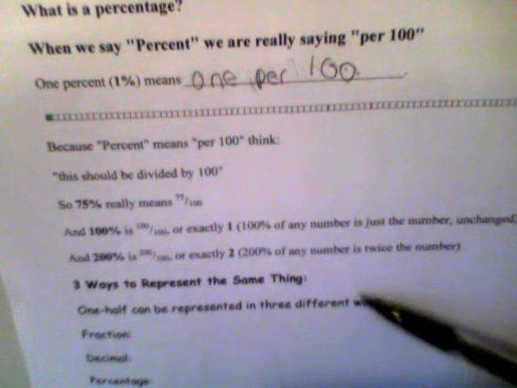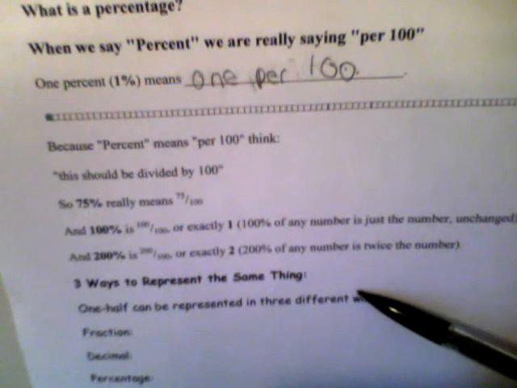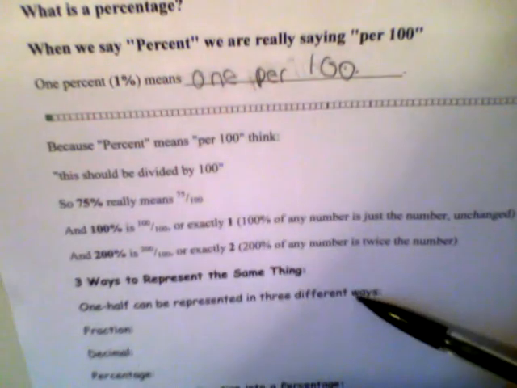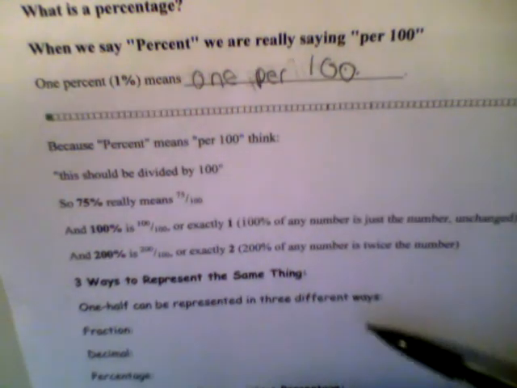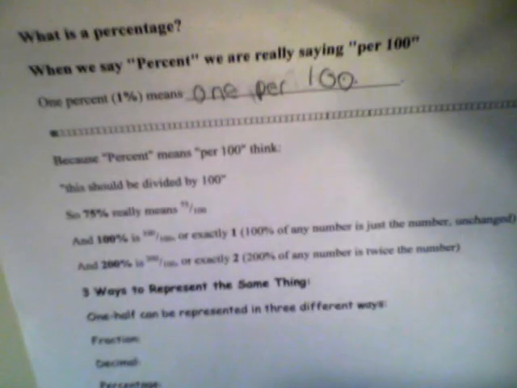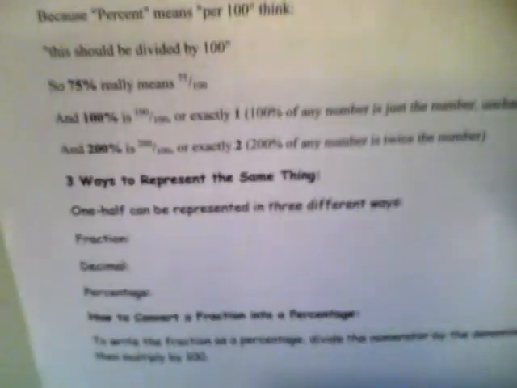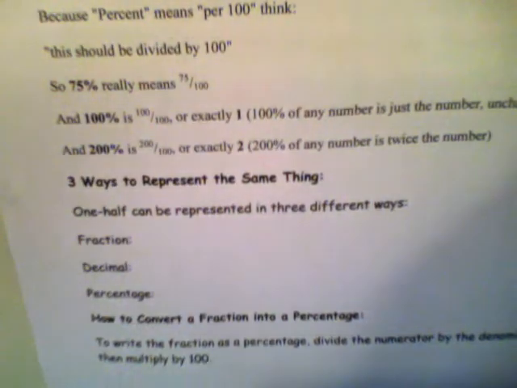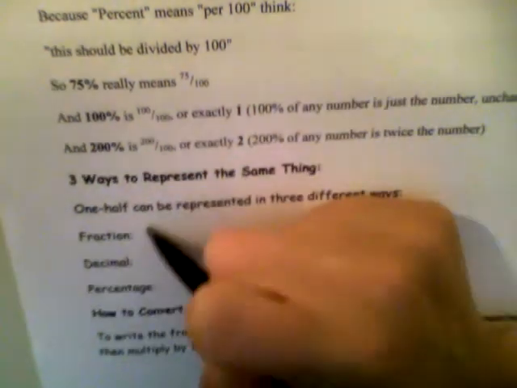Okay? So there are three ways to represent the same thing. I want you to go ahead, as I take notes, and write this down with me. So 1/2 can be represented in three different ways. It can be represented as a fraction: 1/2 as a fraction would just be 1 over 2. So write that down.